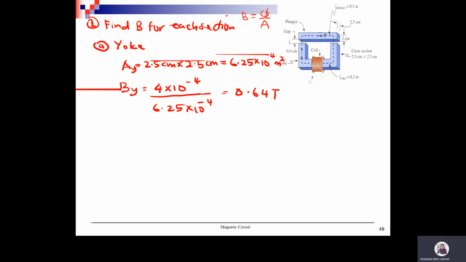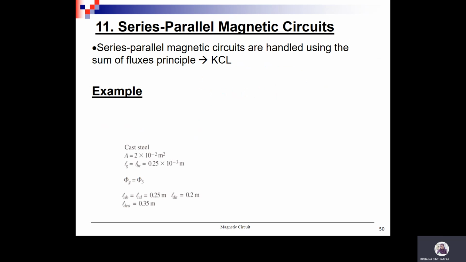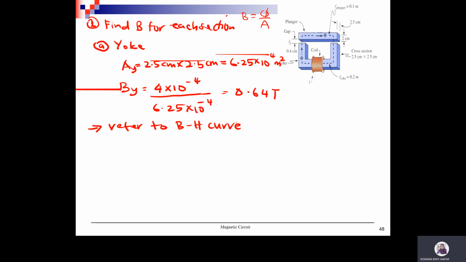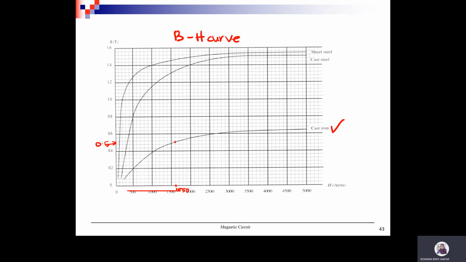Once you get B for yoke, you can get the value of H. So refer to the BH curve, at 0.64.